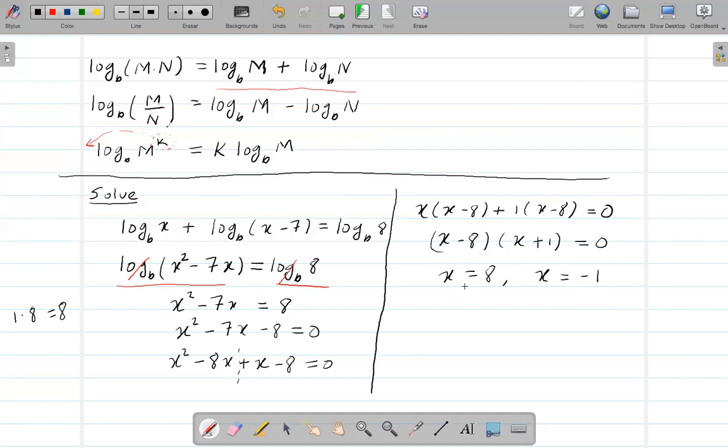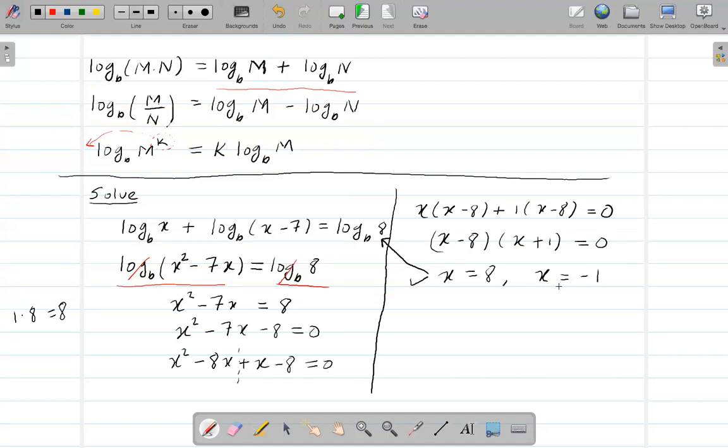Now after this, we have two answers, and we need to check our answers in the original equation. If you take x equal to 8, it's going to work. You can do it by yourself.